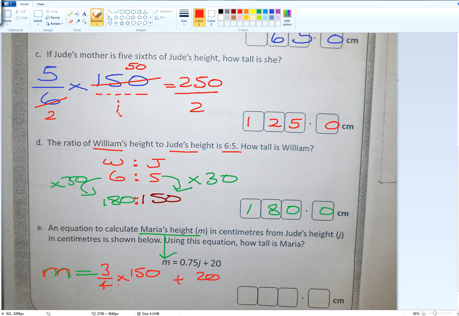So what's 1/4 of 150? 150 divided by 2 is 75, and then 37.5. So 3 times by 37.5 and then add the 20. When you finally finish that calculation, it gives a total answer of 132.5. And that's the end of the paper, folks.